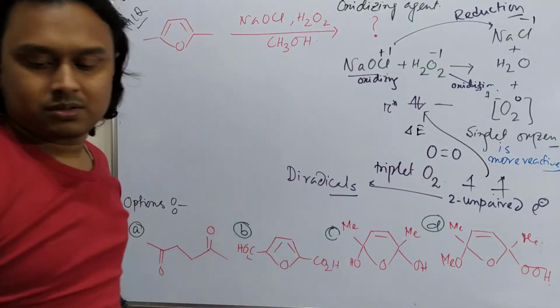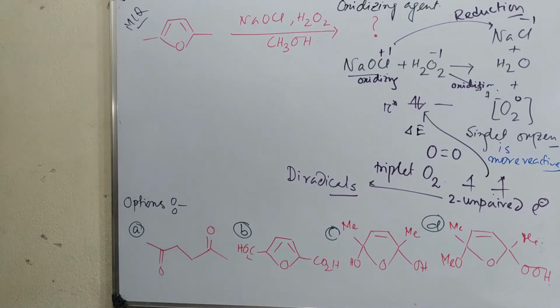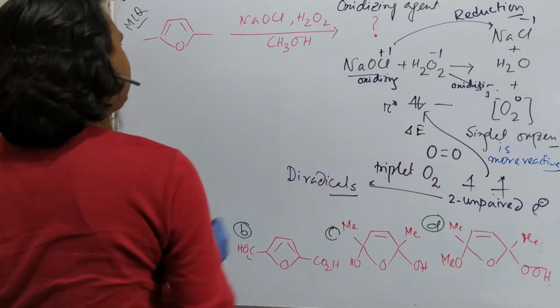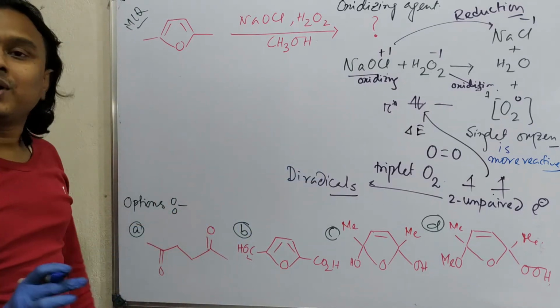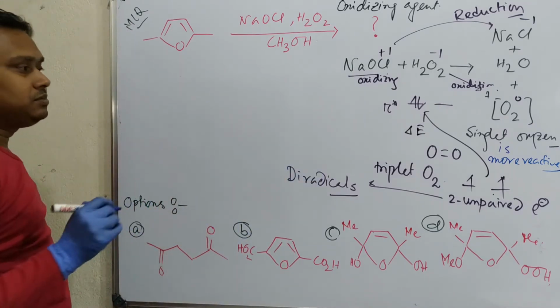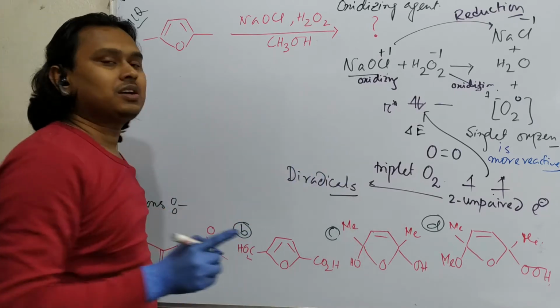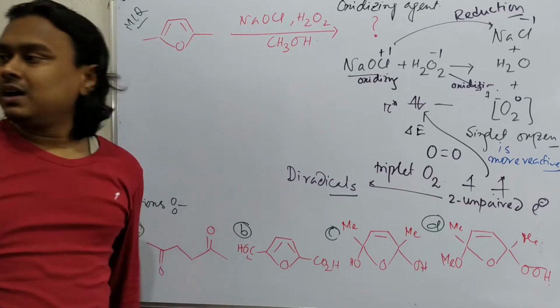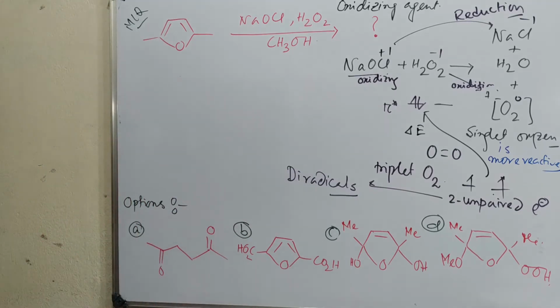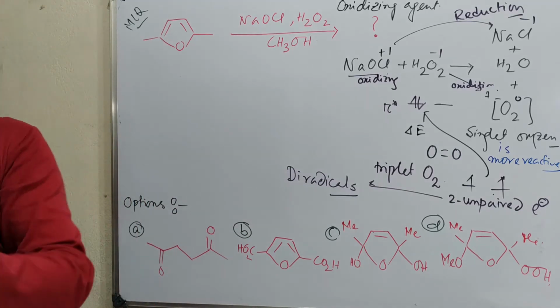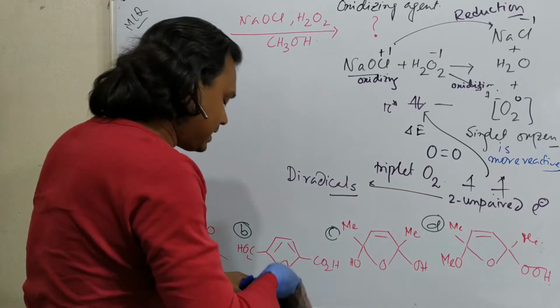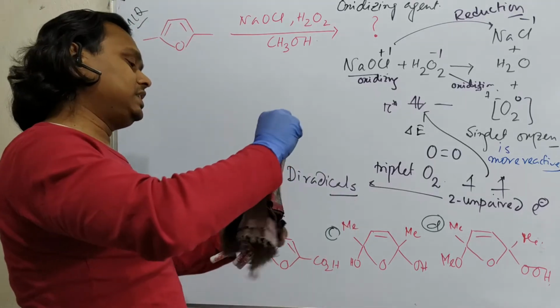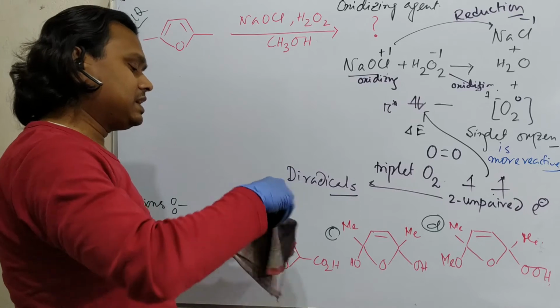Singlet oxygen is more reactive. So that thing is reflected here. More reactive means it can undergo Diels-Alder reaction, and that's why it does not act as a diradical. Instead, it is an oxygen double bond.